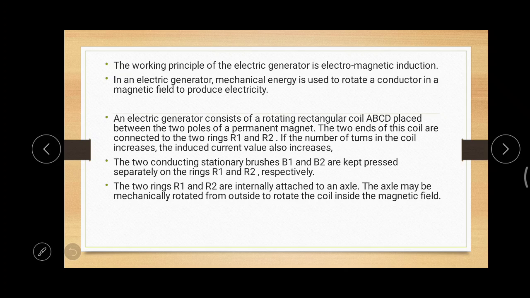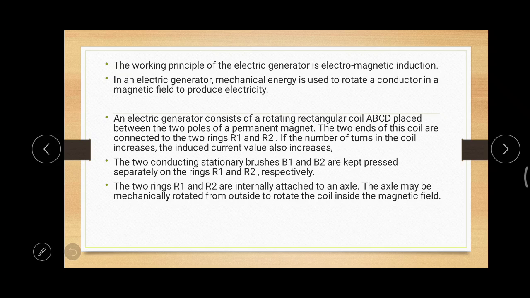The motor that we have studied was the DC motor, where we used a split ring, but here we are using slip rings. Two rings we are using, and each ring will always be in contact with one of its ends. R1 will be in contact with A and R2 will be in contact with D always. That will not change.